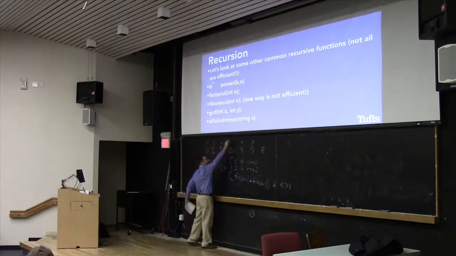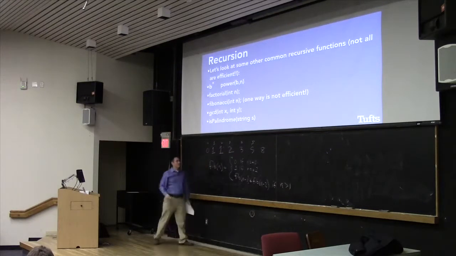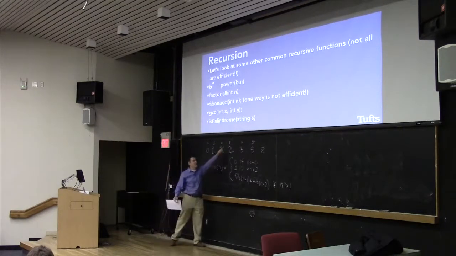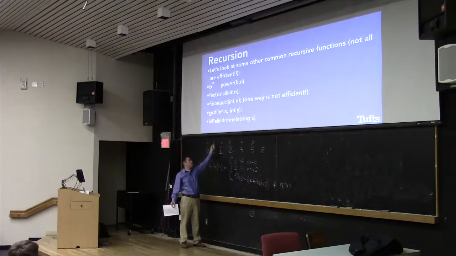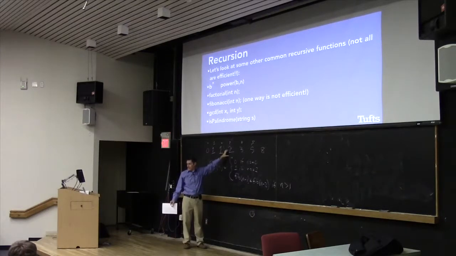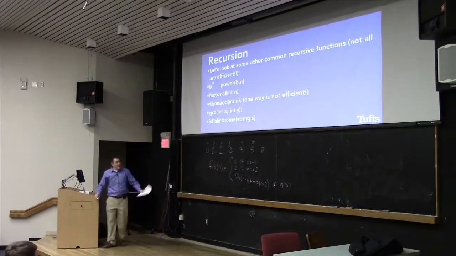If this is n, 3, right, the Fibonacci number of 3 equals the Fibonacci number of n minus 1, which is 2, which is 1, plus the Fibonacci number of n minus 2, which is 1, also 1. 1 plus 1 is 2. Okay? Pretty straightforward, I hope, how that works.